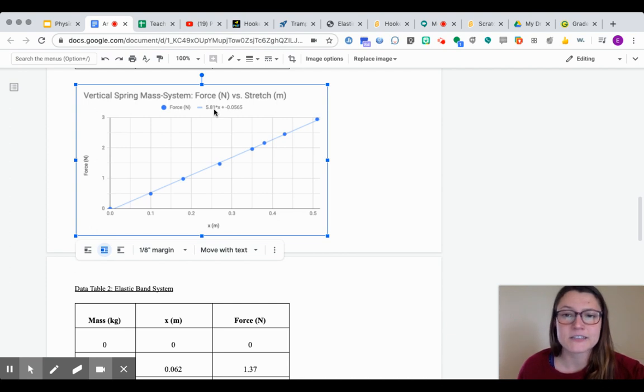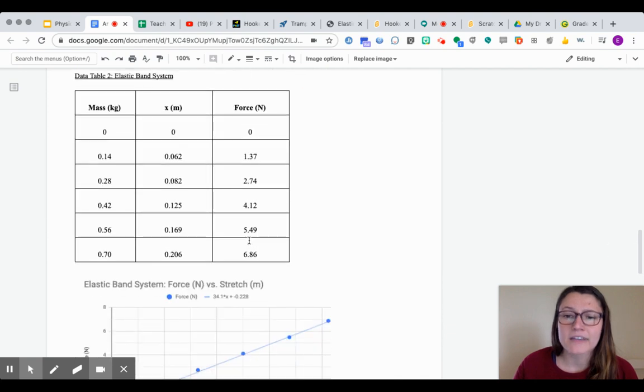It's a consistent 5.81 newtons per meter. Why? Because the majority, 6 out of the 7 data points, fit a linear trend line, which demonstrates that force and displacement are in fact proportional, which is exactly what Hooke's law states.